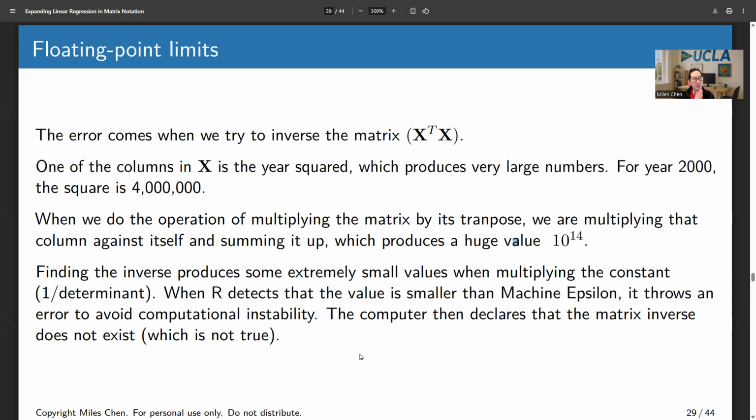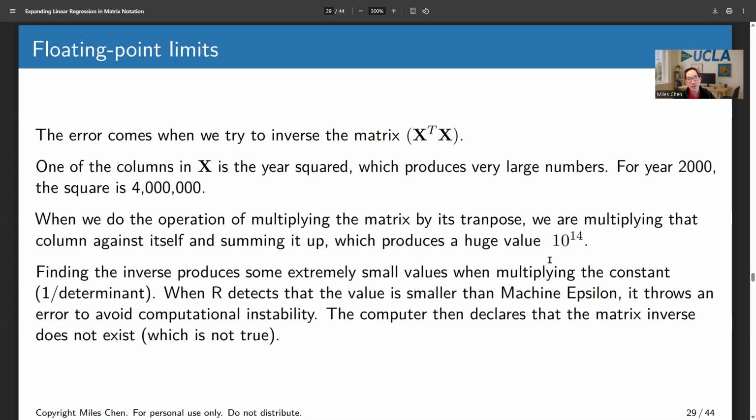This is not a limitation of just R, it's a limitation of the floating point number system that we are using, a 64-bit number, which can keep track of a lot of values, around 16 decimal places of precision. Okay. But we're dividing by a really big number. And so we run into some problems there.